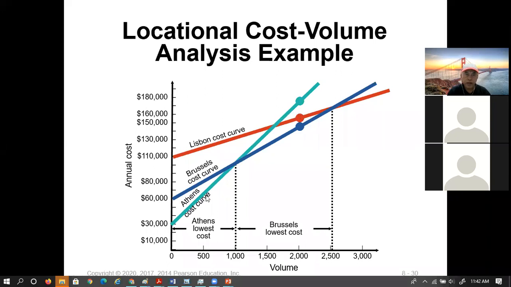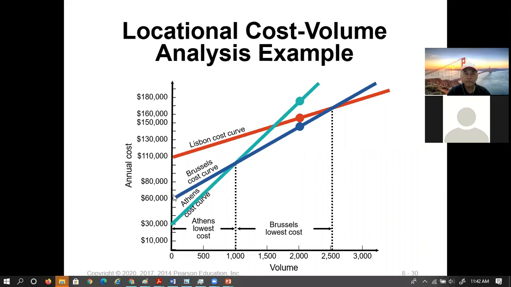Then for Brussels, the fixed cost is 60,000, more expensive, maybe because land is more expensive. And Lisbon is the third location with the higher fixed cost, 110,000, but the operational cost is cheaper.